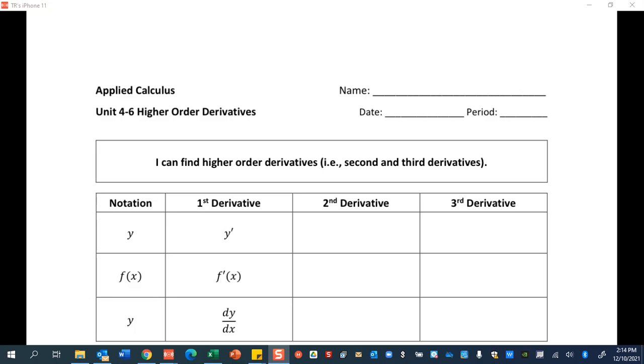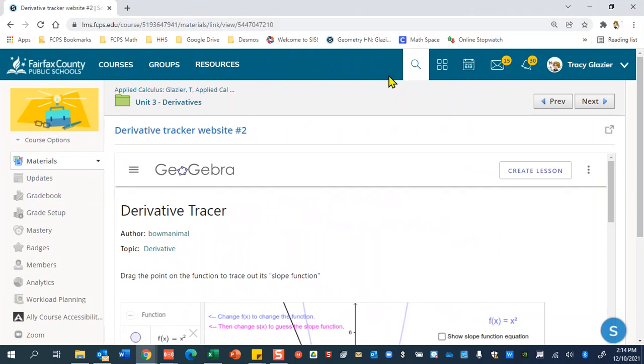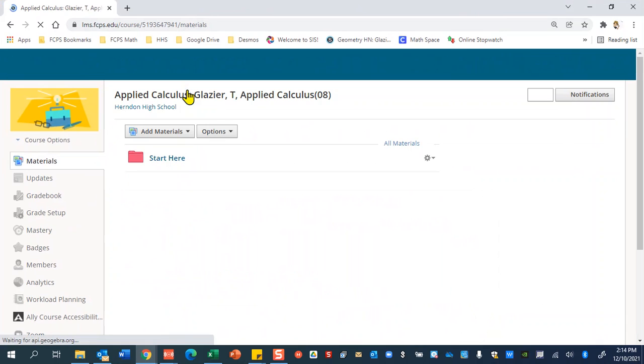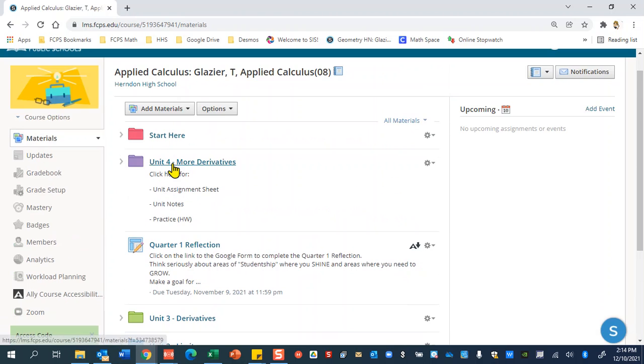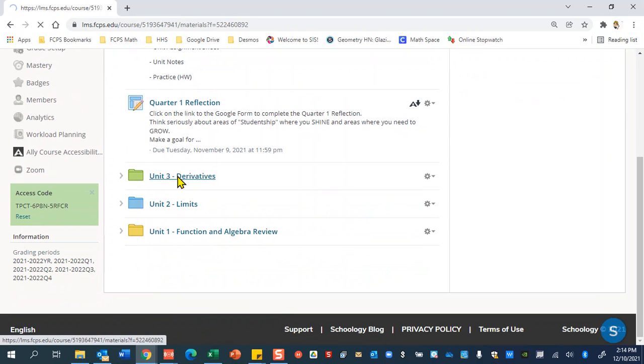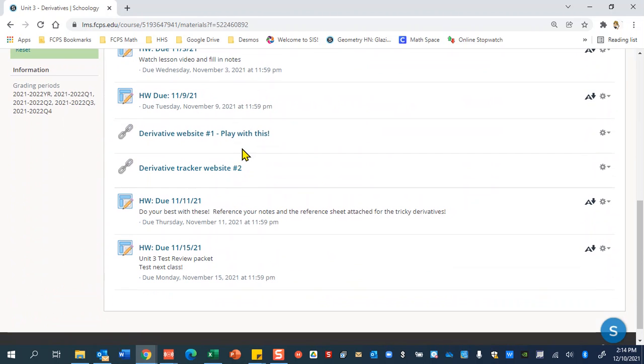So when we start talking about higher order derivatives, I want to bring out to you, if you recall, here on Schoology, back in our derivative unit, not this more derivatives, but in the original derivative unit, I posted these two websites.